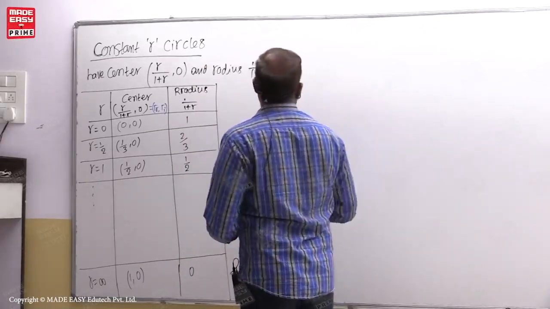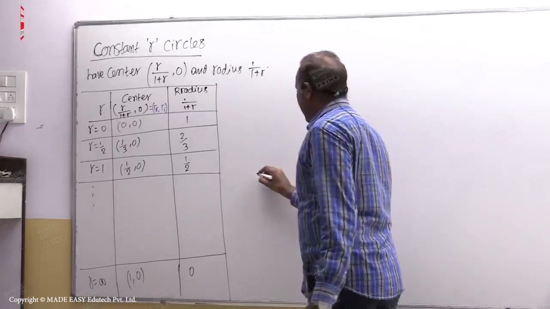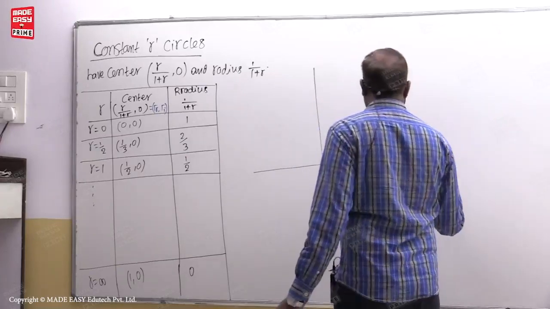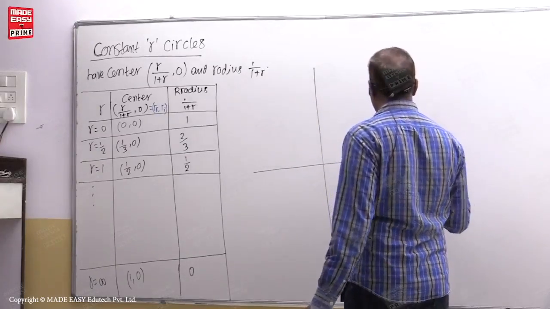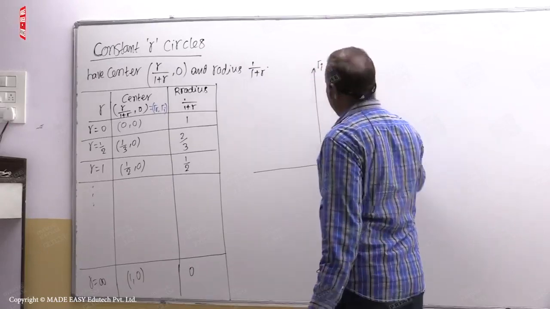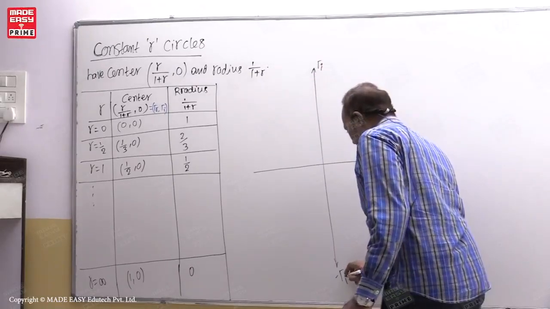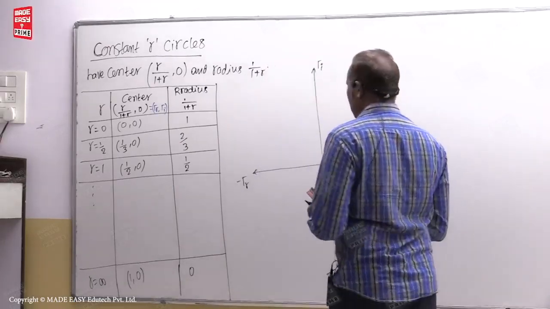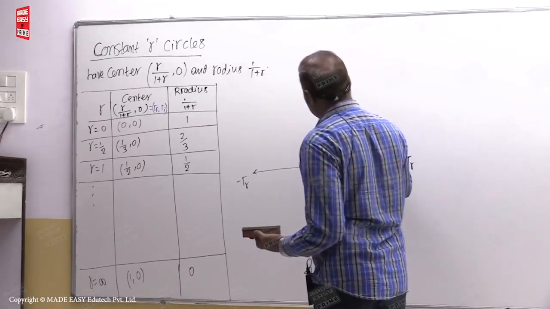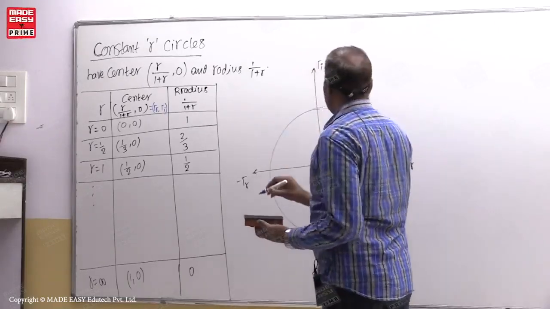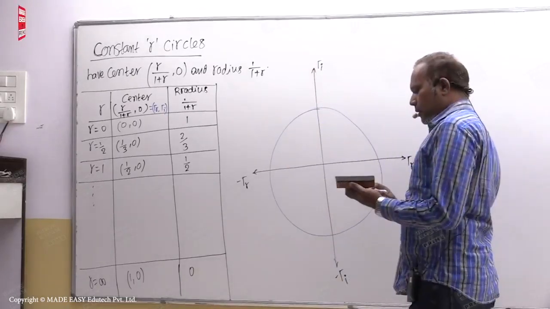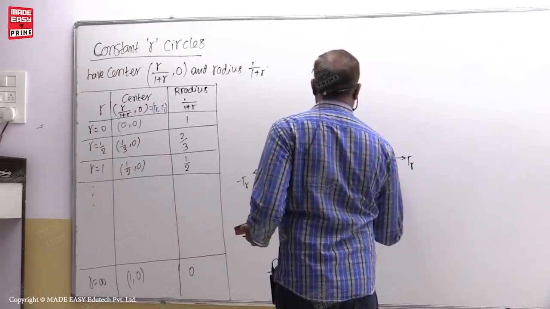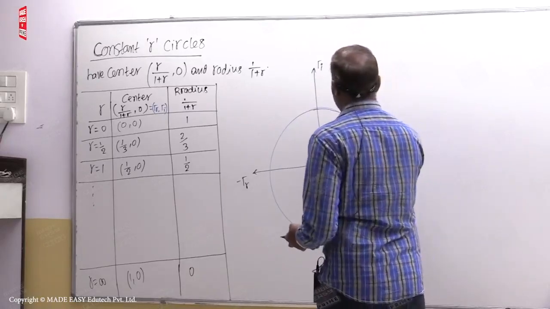Now let us draw this. This one is gamma R, this one is gamma I, this is minus gamma I, this is minus gamma R. This is a unit circle.